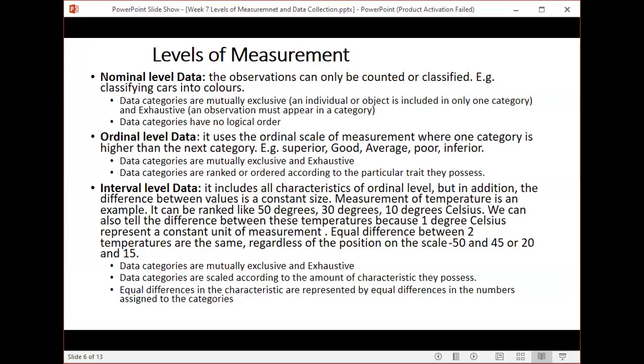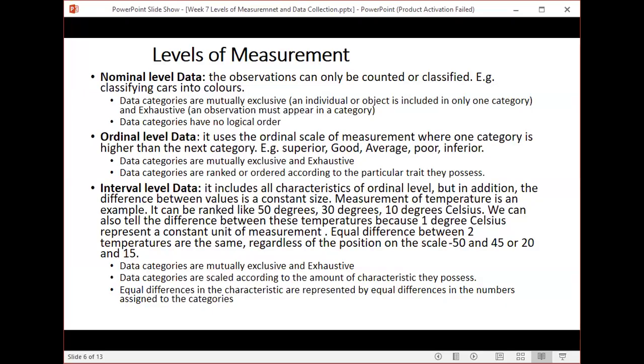An example: I stand in front of, say, the main campus, Tesano, in the morning from 6 a.m. to 6 p.m., and I'm counting cars that pass on that street. What am I doing? I'm counting the cars and classifying them into colors.